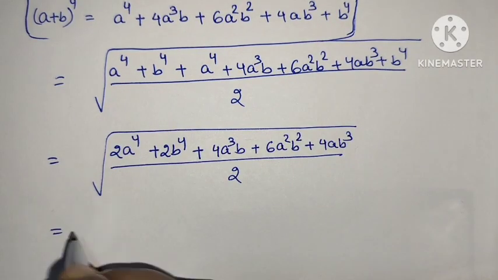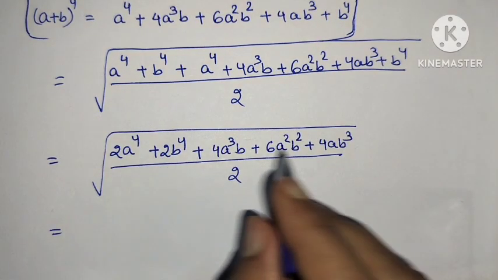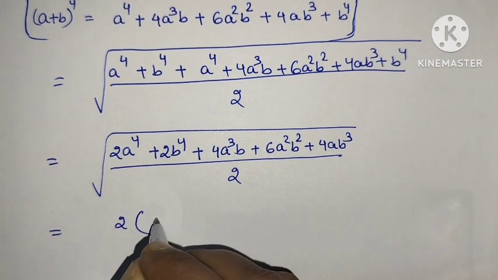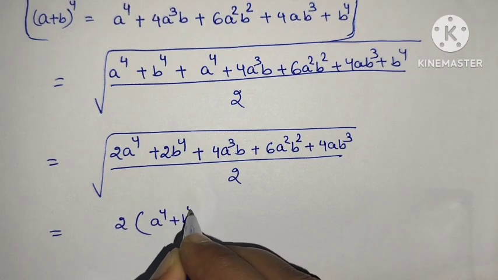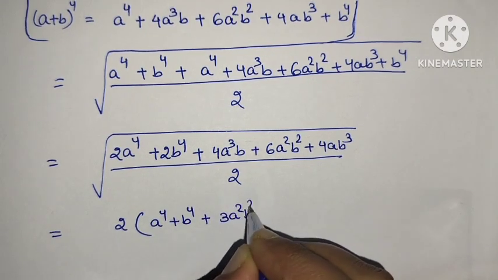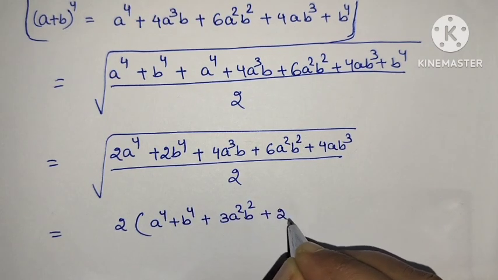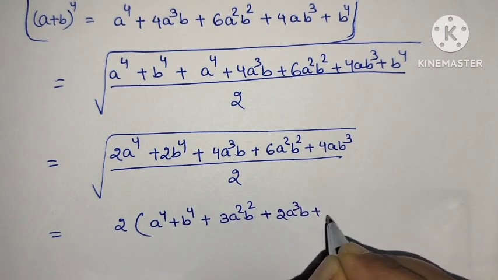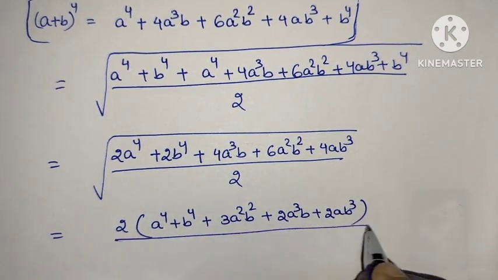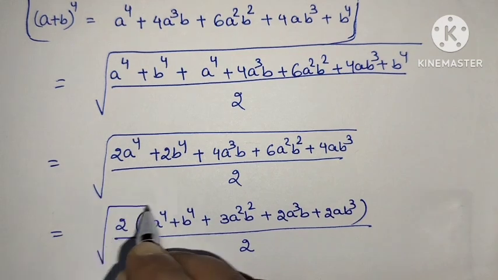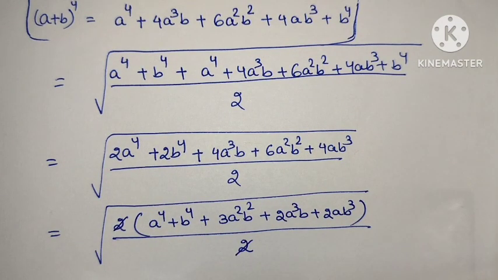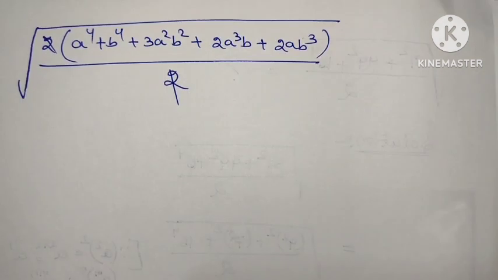Yes, then the next step is take a common 2 in all this: A^4 plus B^4 plus 3A square B square plus 2A cube B plus 2AB cube, divided by 2 root over. Then the numerator and denominator cancel.